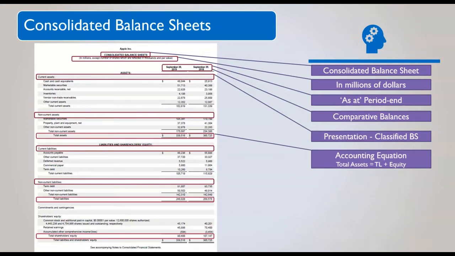Here, using the accounting equation, which is total assets equals total liabilities plus equity, we can see that total assets of $338.5 billion equals total liabilities of $248 billion plus equity of $90.5 billion.